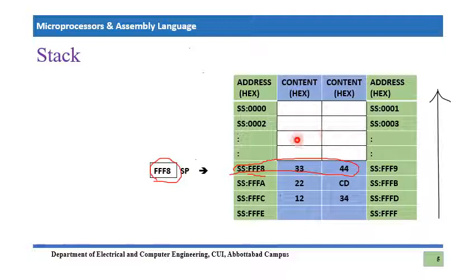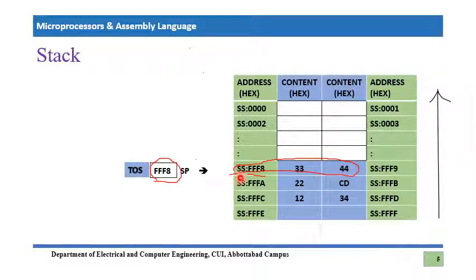So that is why it is also considered the top of the stake. So the last word which is used in the stake is also known as top of a stake, and top of a stake's address is, in this particular case, SS colon triple F8, right? Triple F8 is the content of stake pointer, and whatever the segment register's value, that can be used to calculate its physical address, that we're going to do in a later part of the stake lecture.